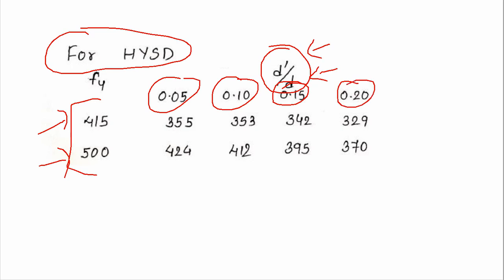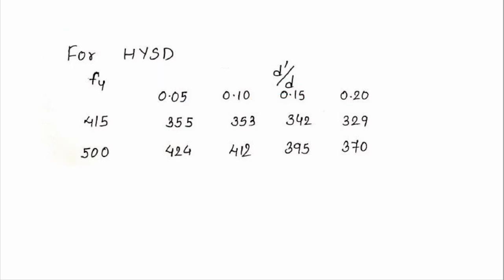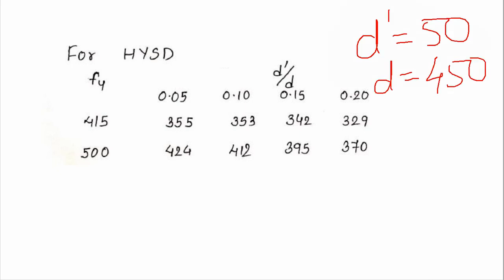Let us take an example. If the top cover is given as 50, that means D dash equals 50, and the effective depth is given as 450 mm. So the ratio we get is D dash by D equal to 0.11. Whatever ratio you get, we will always consider it to be 0.10.